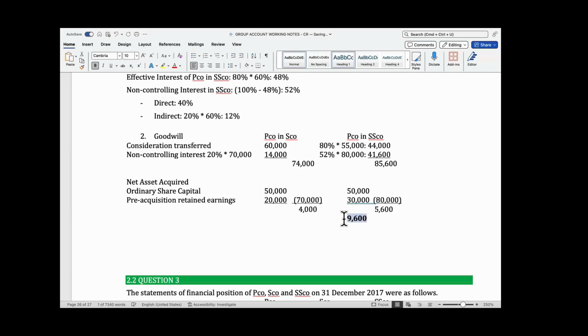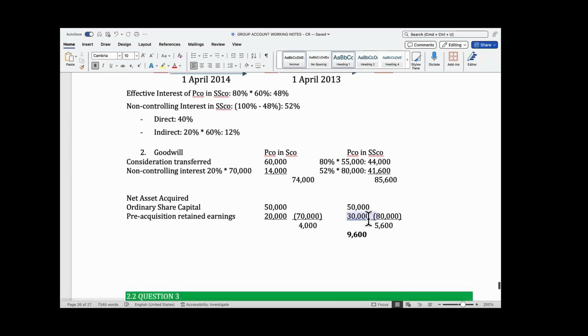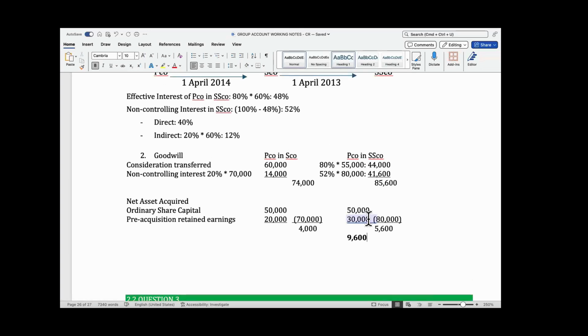But if you can use that other way, the way you explained it last week: a parent is having 80% in a subsidiary, and the subsidiary is having 50%, 60% in the other subsidiary. We now use 80 times 60. That is the way you showed us, which I think I understand. So if you can use that to explain this, sir, I want to see if we still get the same thing. Thank you, sir.